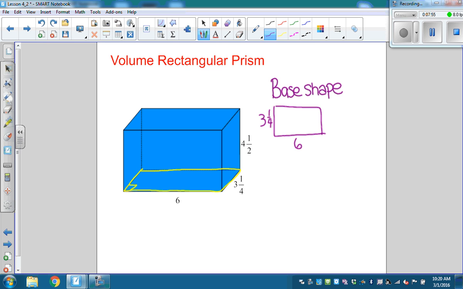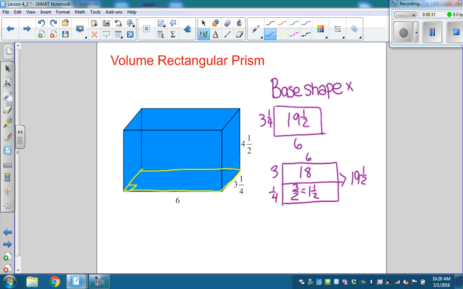You can use old-fashioned multiplication or the area model to do that. So if I make that a little bit bigger, 3 1/4 times 6. 6 times 3 is 18. 6 times 1/4 is 6/4, which is 1 1/2. So that's 19 1/2 for the area of the base.